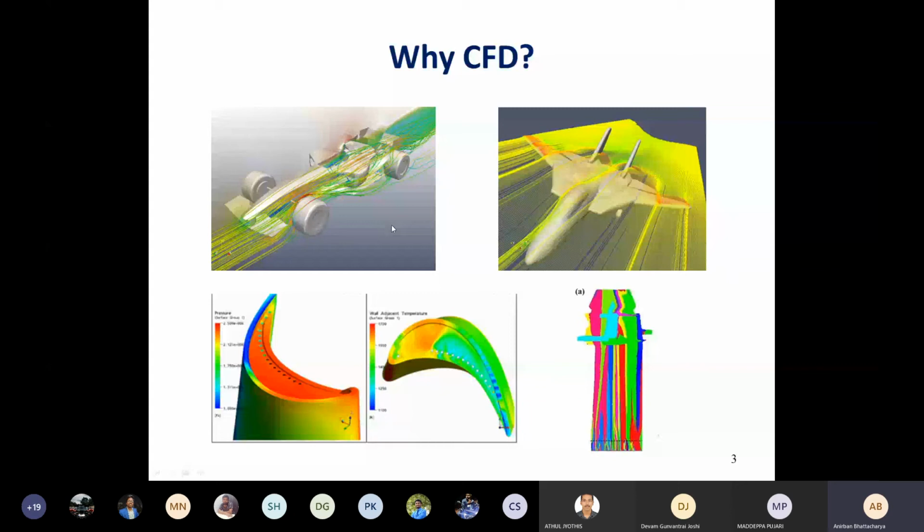Otherwise, what I see in many cases, even experienced CFD users, they will randomly use some CFD tool like ANSYS, show some results, some plots, and don't think deeply about the results. Ultimately, the results are not correct at all. They will show some physically unrealistic results, which are not possible at all in a real life scenario. So you have to always think about the results once you get them.